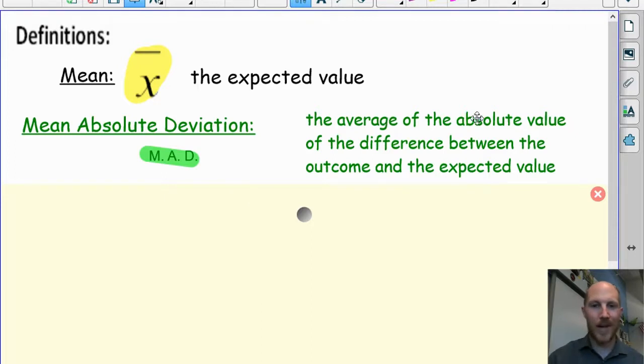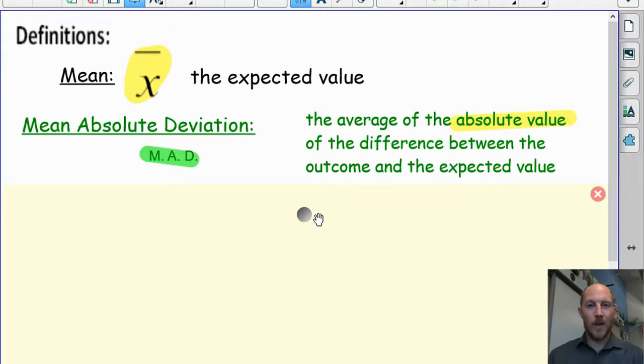It's the average of the absolute value of the difference between the outcome and the expected value. And by doing the absolute value, that guarantees that we will always get a positive distance, a positive difference. We take our data point and the mean, we subtract to the absolute value, so it's always going to be positive.